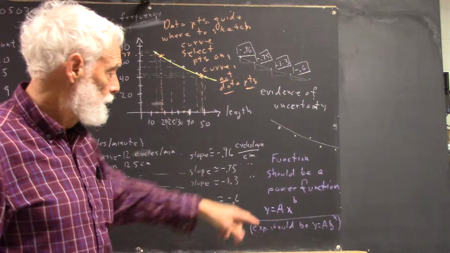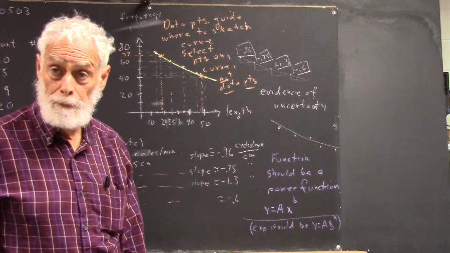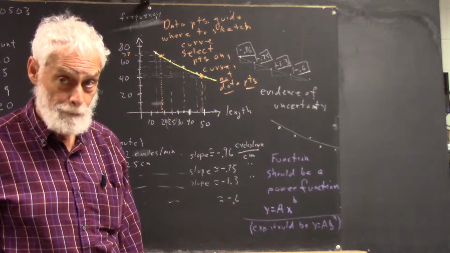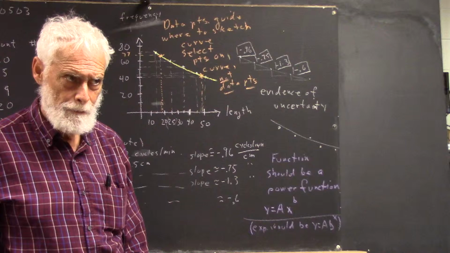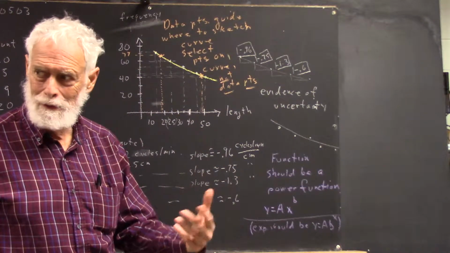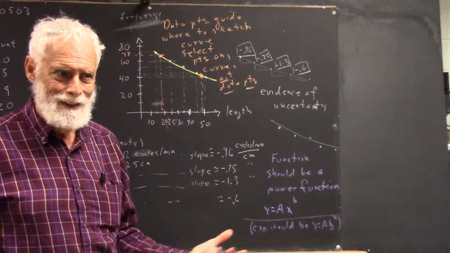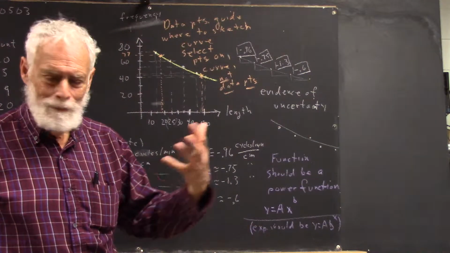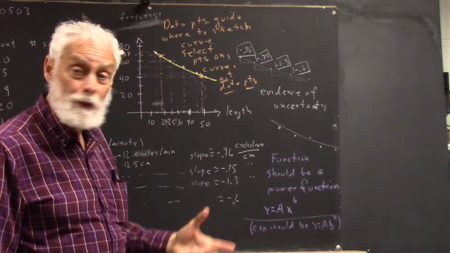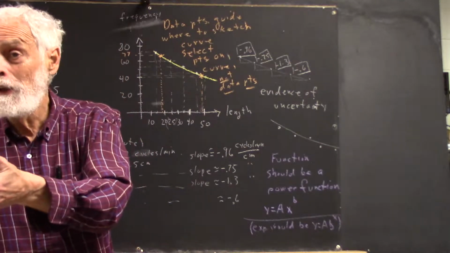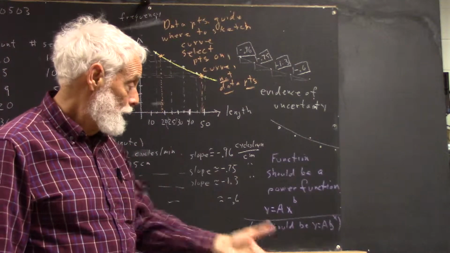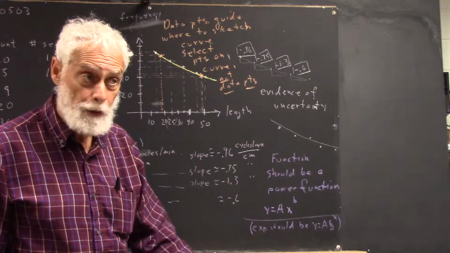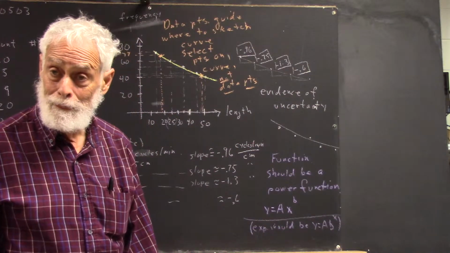How many data points do I need for this model? Just 2. Why 2? What you're thinking is right, but it comes down to how many parameters you have to evaluate before you have a good power function.